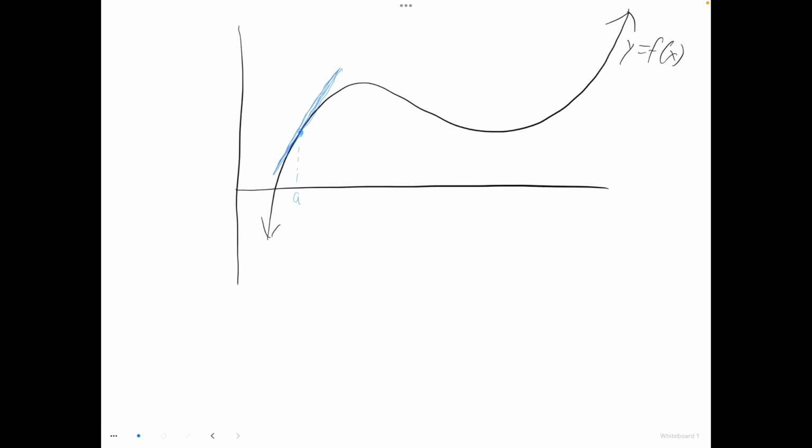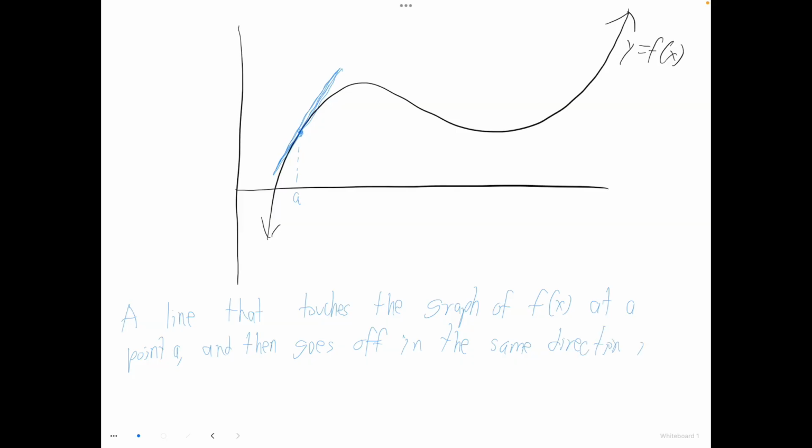Now we have a name for such a line. A line that touches the graph of f of x at a point A, and then goes off in the same direction, is called a tangent line.